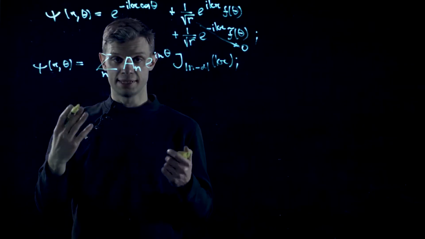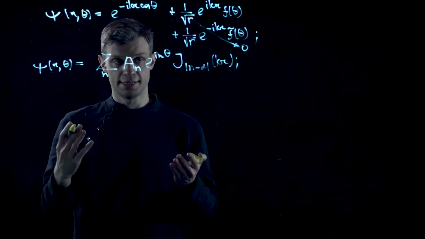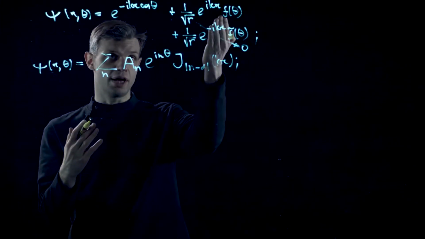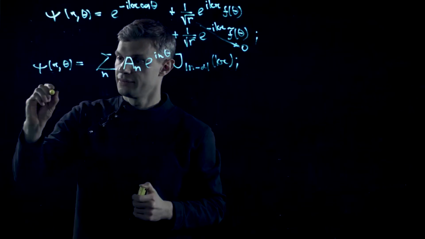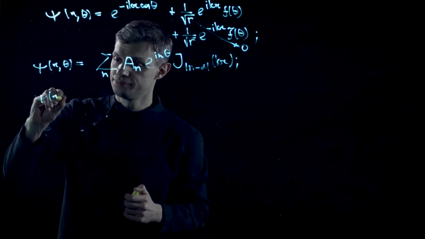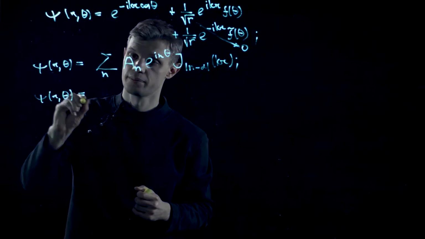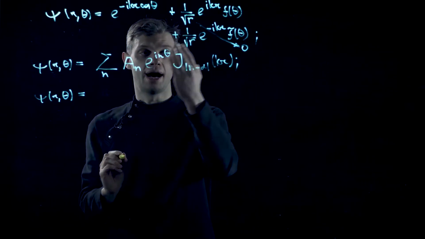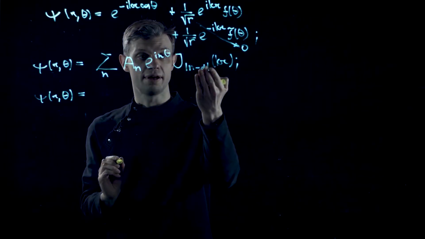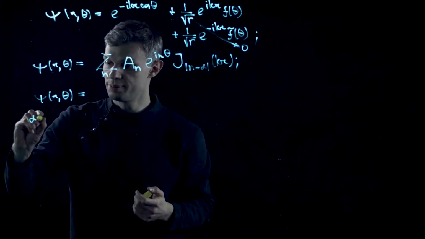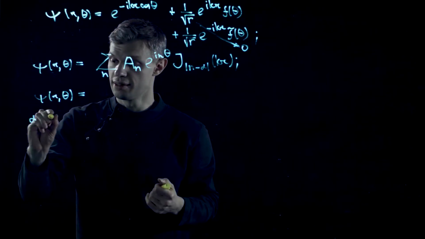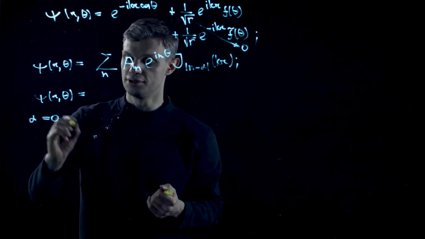We know that in the absence of the scattering center, there shouldn't be any scattered wave. So the wave function should be represented by the identical decomposition, but with alpha equal to 0, because alpha is proportional to our magnetic flux, and in the absence of magnetic flux it is 0.